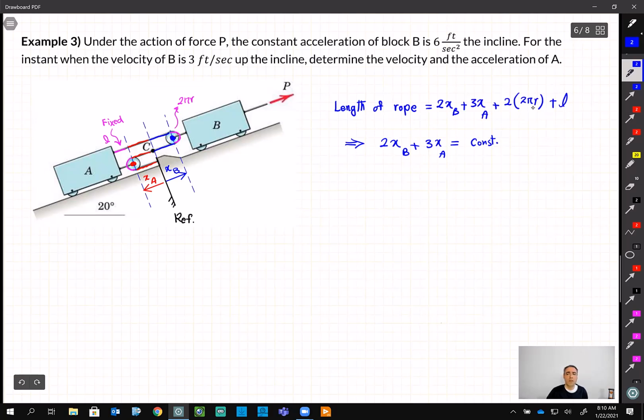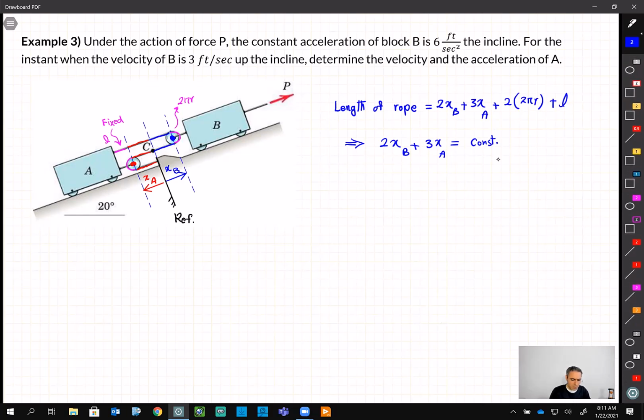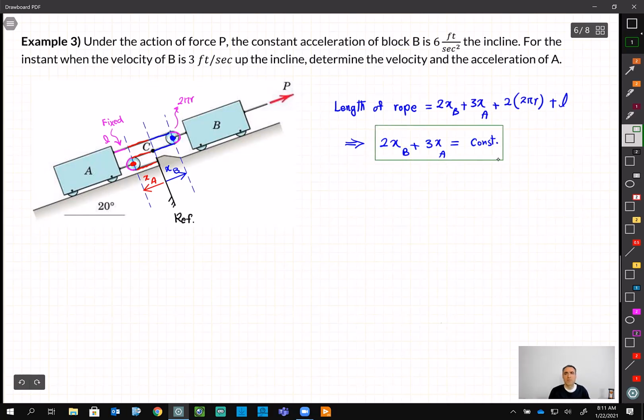We took all of this stuff and brought it back to the right side, and we simplify it. So we know that 2xb plus 3xa is equal to a value which we don't know and we don't care about. Take a look and see if something doesn't match your thought and you don't agree with it, or if it's not clear. Because if we get to this point where we find a relation between xa and xb, then the problem is solved.